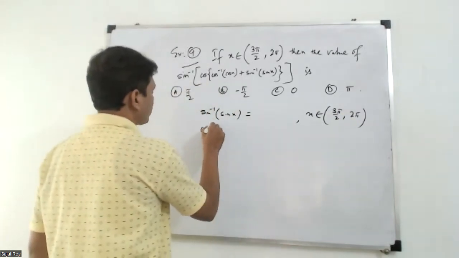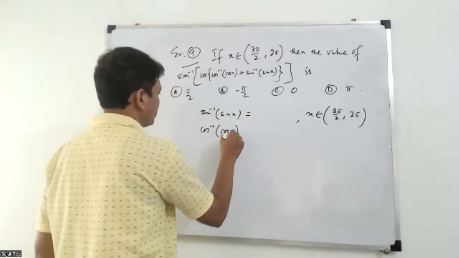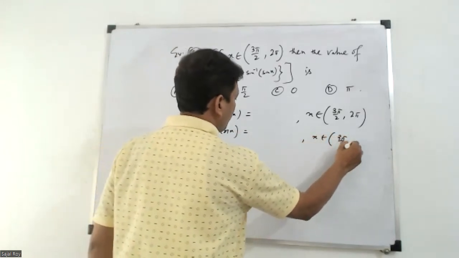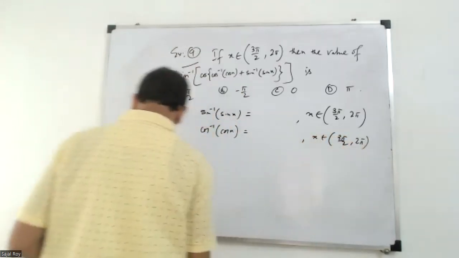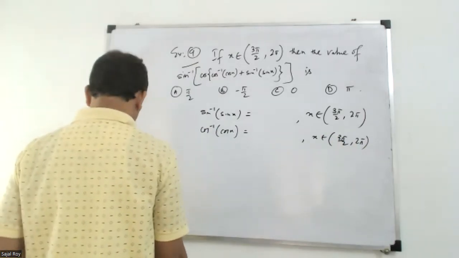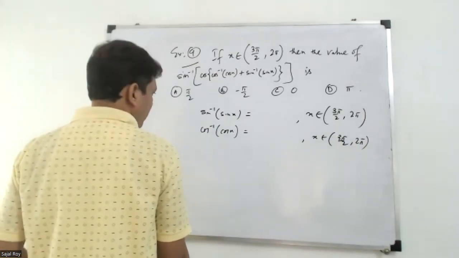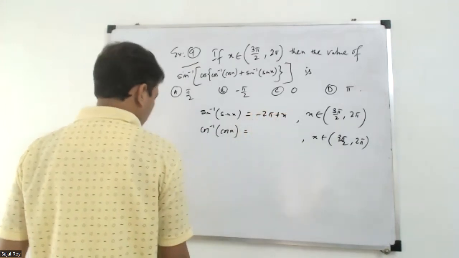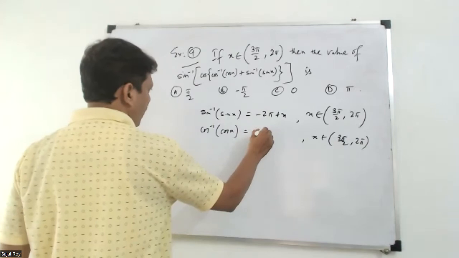And what is your cos inverse cos x when x belongs to 3 pi by 2 to 2 pi? Is it option B? No. Sin inverse sin x will be minus 2 pi plus x. Please check. Cos inverse cos x will be 2 pi minus x.